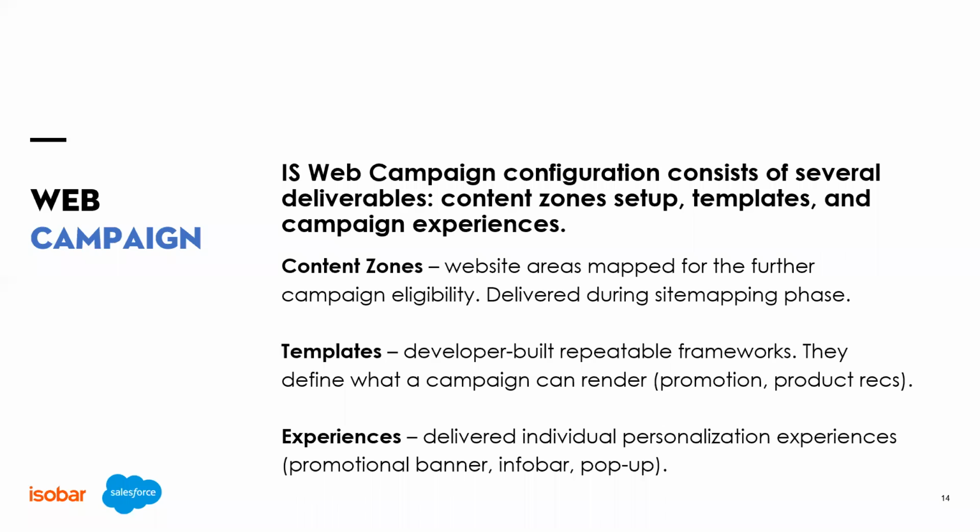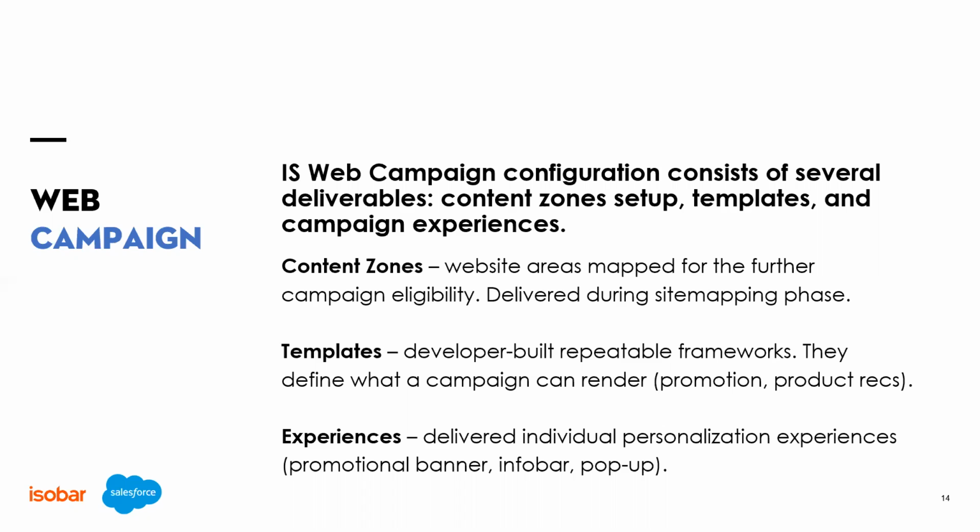One insight is that Interaction Studio is also bringing more templates already built into each account. There are specific global templates already built with the script inside. So it's a developer-built repeatable framework that you can reuse, available out of the box, for your specific website template that you want to use for further campaign setup.